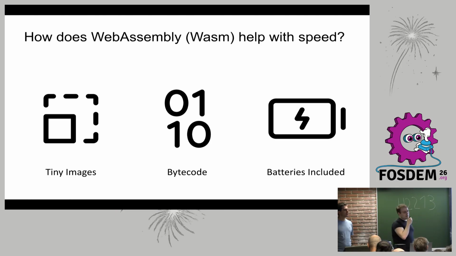Then the other thing is the bytecode, so it's very fast to be interpreted, even while downloading, as I mentioned before. And it's platform independent, so you can have a heterogeneous fleet of servers which can run your stuff. And then the third advantage we see is the WebAssembly System Interface. It comes with a lot of batteries included, so you don't even have to include that in your code, the runtime will provide it for you.